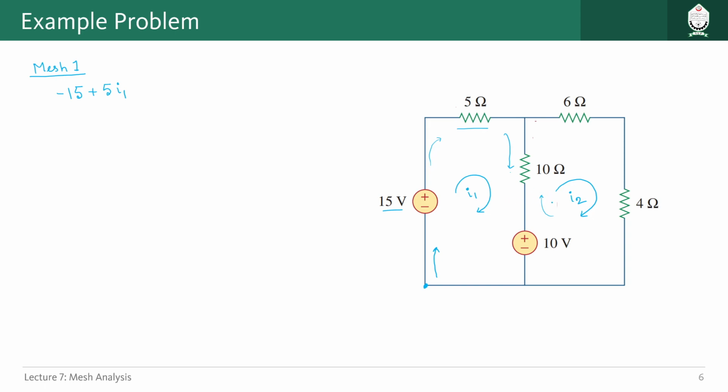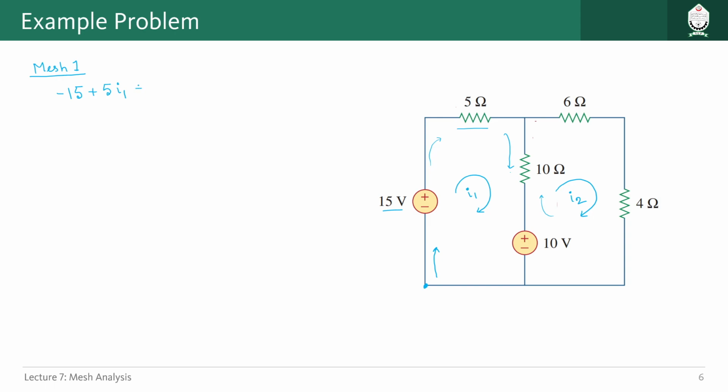Both of the currents contribute to the voltage drop across this 10 ohm resistor. So how do we represent that using Kirchhoff's voltage law? As we are going in the downward direction, clockwise, and in the same direction we have the current I1, and I2 is in the opposite direction, we can write something like this.